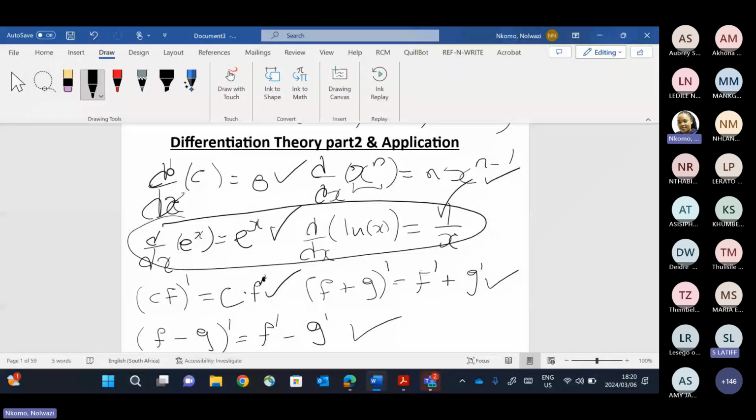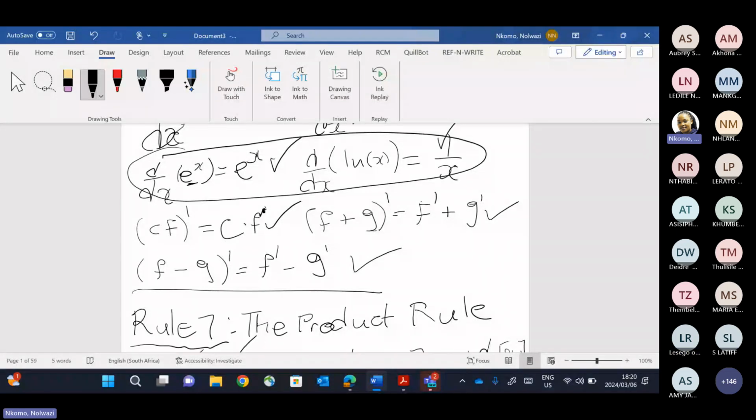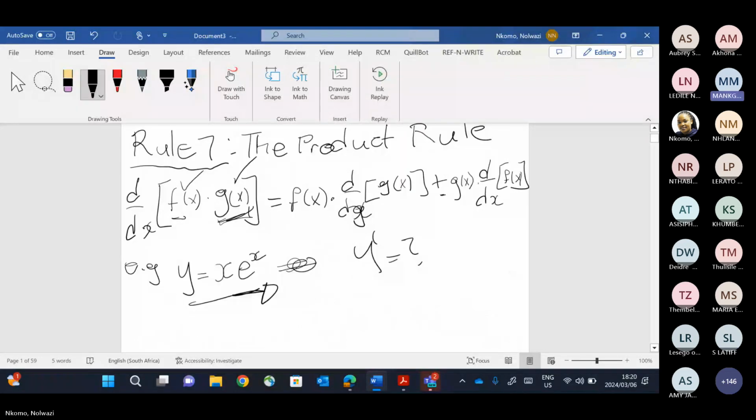We don't have a limit. Then we have c times f, where c is a constant times a function, but our function is a function times a function. Okay, this one is out, this one is out. Then you move to the product rule. The product rule is about the derivative of the product of two functions, f at x and g at x.